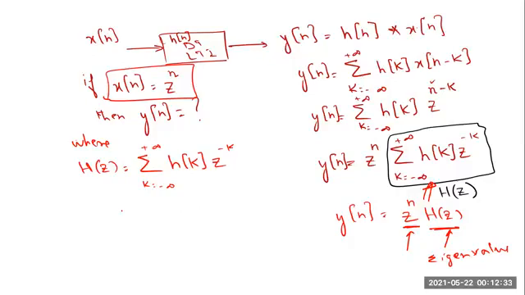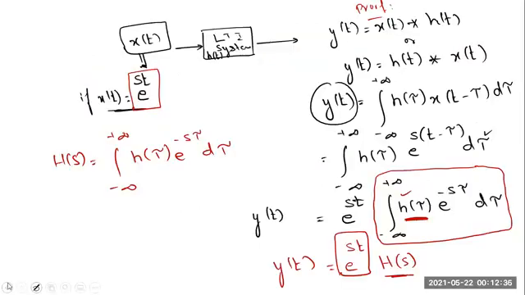So let's find out the usefulness of this signal for LTI systems. What we are going to do is use this signal as our basic signal, and then see how we can represent any given signal as a linear combination of signals like this.